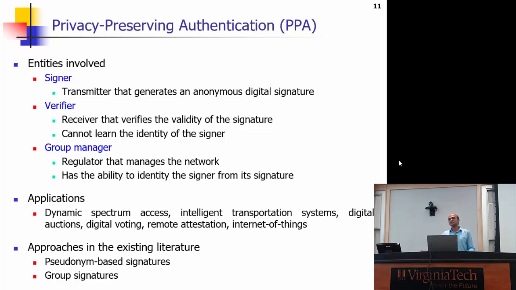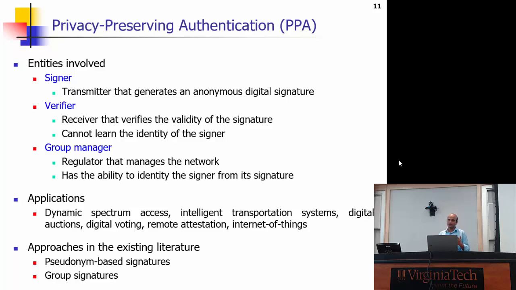What digital signature means, you could relate from the term signature, is that if you have a document, a human signs the document at the end by his signature. So a digital signature is just a digital format of that: if you want to send a message, you sign it with a sequence of bits. That is a digital signature, and it needs to be anonymous because you want privacy to be built into this mechanism. So it has to be an anonymous digital signature.